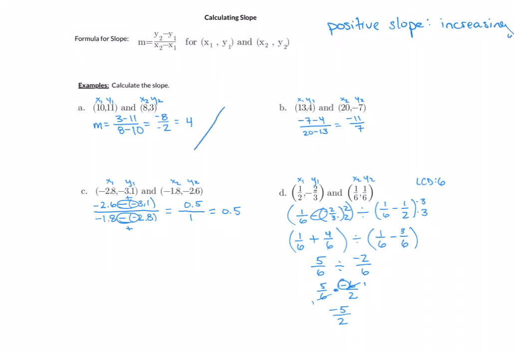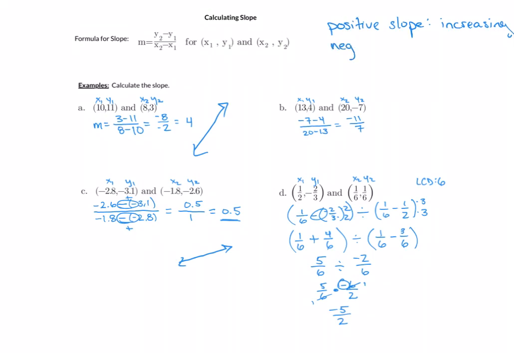Increasing lines go up from left to right. 4 is a fairly large positive number, which tells me this is a steep slope. 0.5 is a pretty small number, so this is a shallow slope. But they both go up from left to right.